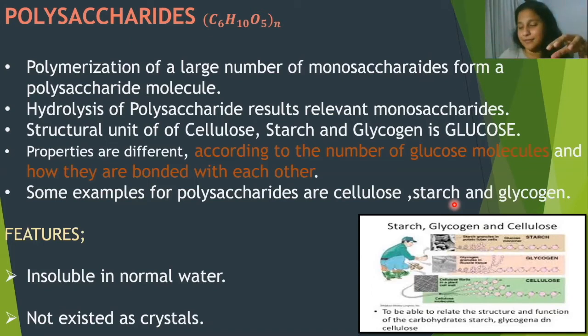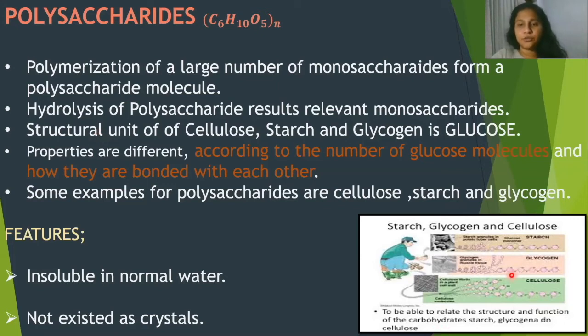Just a simple example. So the examples for polysaccharides are cellulose, starch, and glycogen, and the properties differ according to the number of glucose molecules and how they are bonded with each other, right? These polysaccharides are insoluble in normal water and they do not exist as crystals, right?